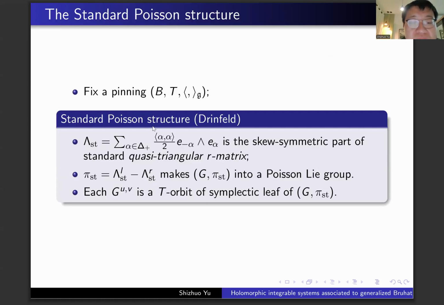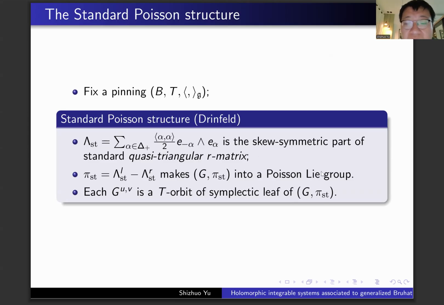The standard Poisson structure is actually the summation of e_{-alpha} wedge e_{alpha}, which is the skew-symmetric part of the so-called standard quasi-triangular r-matrix in the study of the Yang-Baxter equations. The Poisson structure is actually the left invariant bivector field minus the right invariant bivector field, which makes the Lie group G into a Poisson manifold.